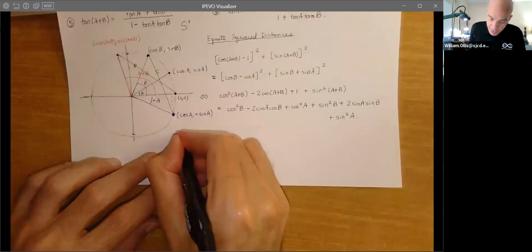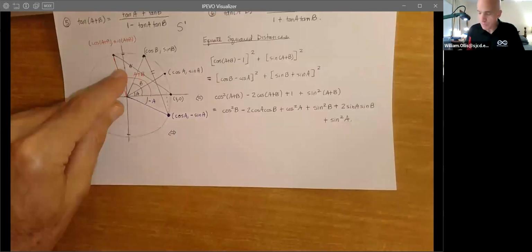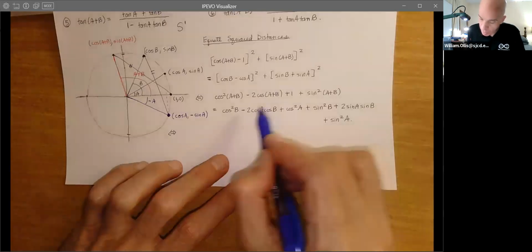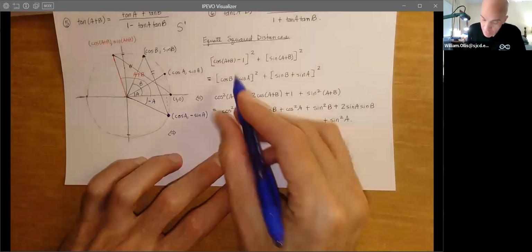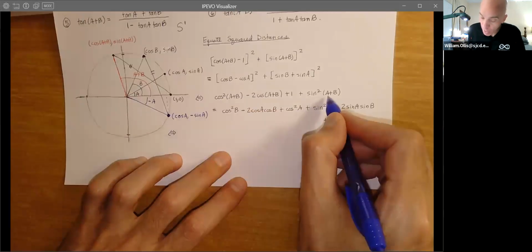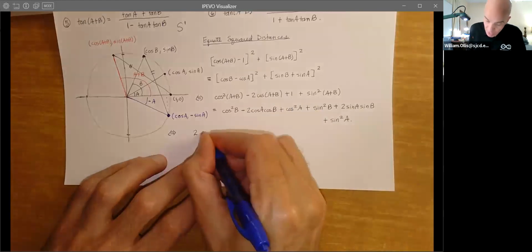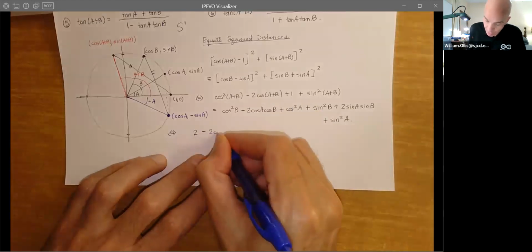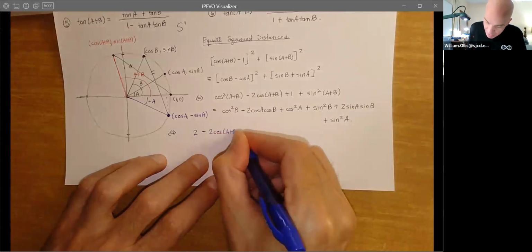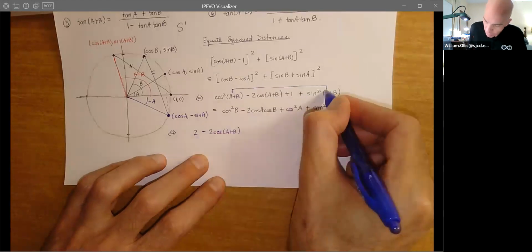Now, well, the hard part was this, and that really wasn't very hard, was it? So notice here when we look at all of this, this is the cosine squared plus the sine squared. That's 1, and we already have a 1, so we get 2 minus 2 cosine A plus B. So again, these add, this is just Pythagorean, that equals 1.